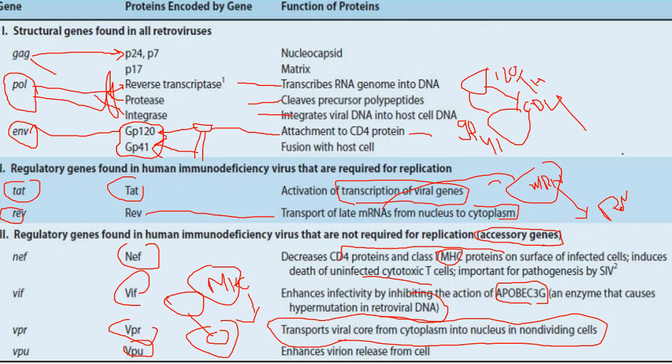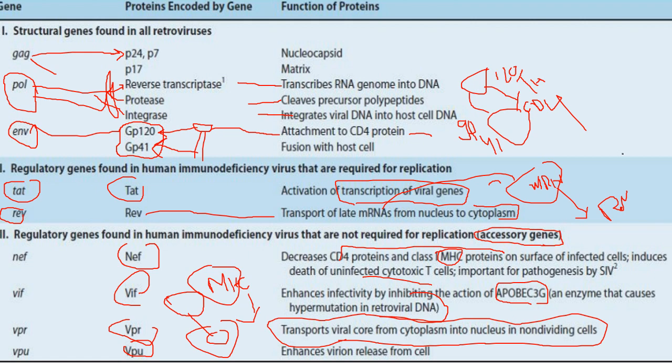Now, another is the pol gene. The pol gene forms three types of enzymes: reverse transcriptase, protease, and integrase. We discussed the function of reverse transcriptase, that it transcribes the RNA genome to DNA, and protease cleaves the precursor polypeptide, and integrase integrates the viral DNA into the host.